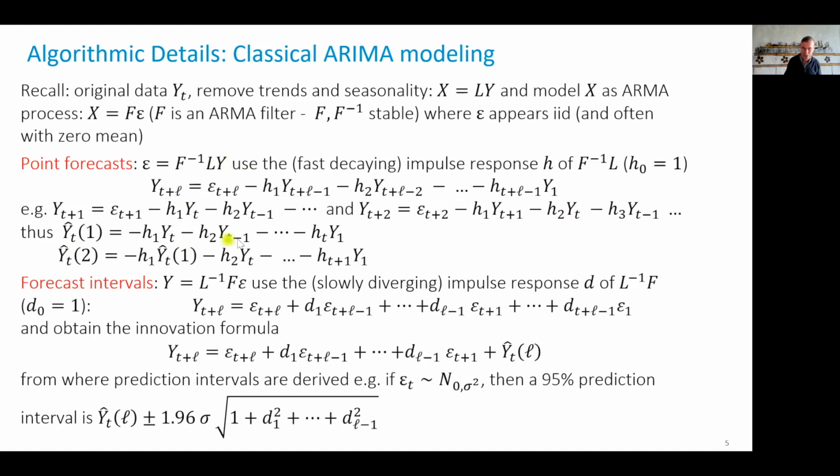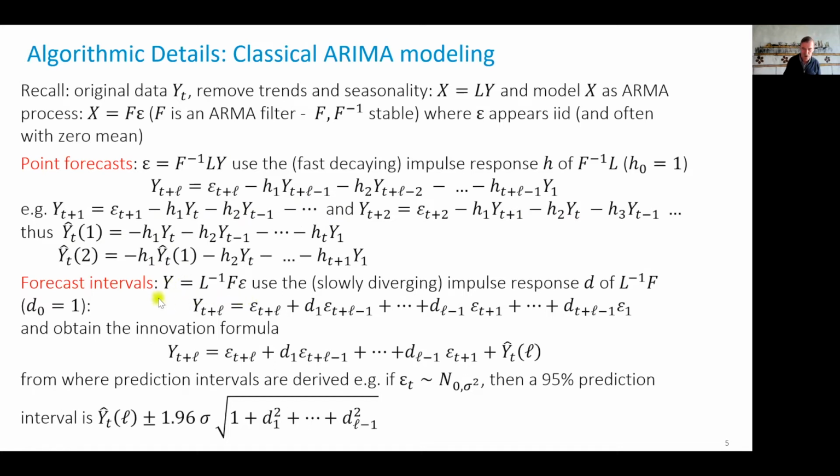This works well if we do it in this way, because the H terms are decaying very fast. If we had done it in another way, there are different ways of using the filter, we might have problems if we're summing up a large number of things. In fact, the other way is what we use for obtaining forecast intervals, but for some reason, the problem will go away, as we will see.